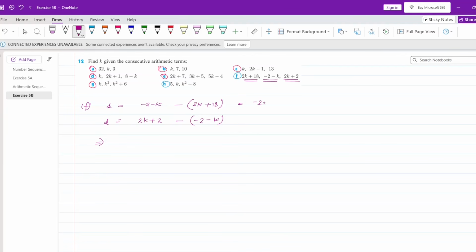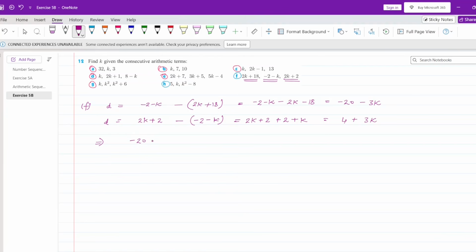Solving this, we get negative 2 minus k minus 2k minus 18. And solving it further, we get negative 20 minus 3k. Solving this equation, we get 2k plus 2 minus, and this minus with the negative sign will become positive 2 plus k. Solving it further, we get 4 plus 3k. Now we know this d equals this d.